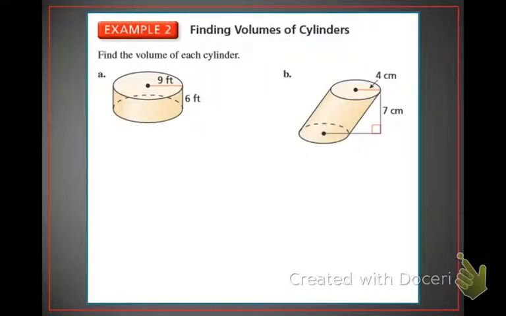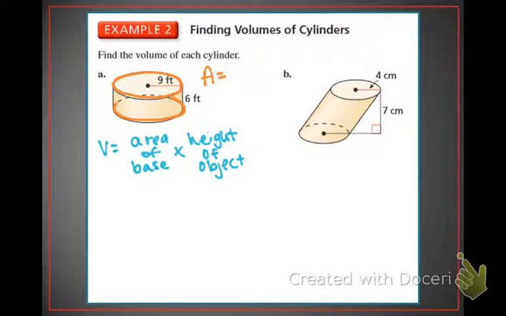So, we would do it the same way. Our bases are circles. So same formula. Volume is the area of the base times the height of the object. We already said it, but how do we find the area of a circle? Pi r squared. What is the radius here? 9.